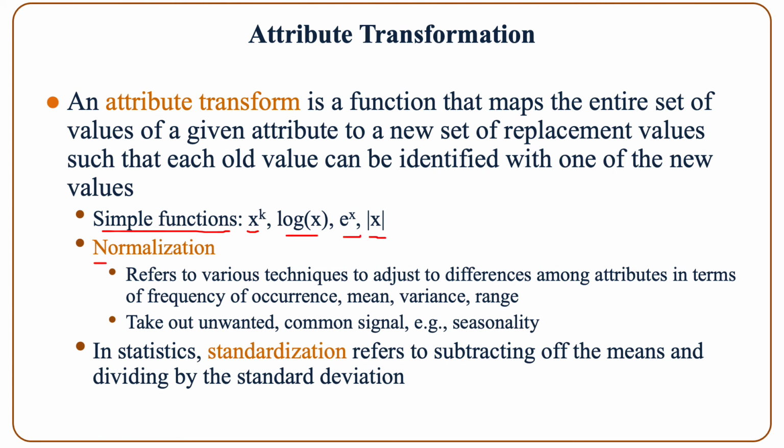You also have normalization, also called standardization. Basically, you subtract the mean and then divide by the standard deviation. You also have min-max normalization, where we subtract the min and then divide by the difference between the max and the min.